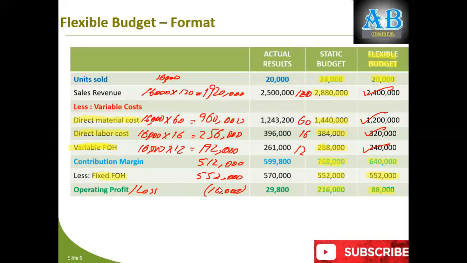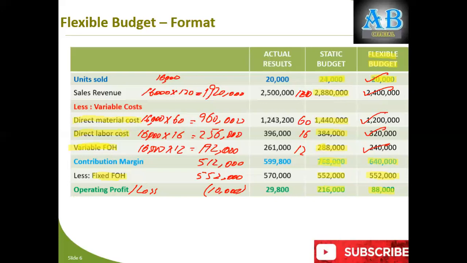Okay. So by having different scenarios, like here in my original calculation, the scenario was actual activity level, which is 20,000. Now this budget, the flexible budget at actual activity level, will be used to calculate your various analysis by comparing your actual results with your flexible budget result at actual activity level.